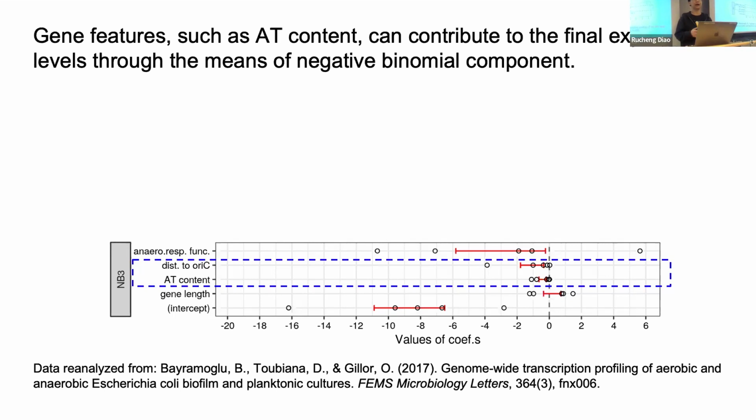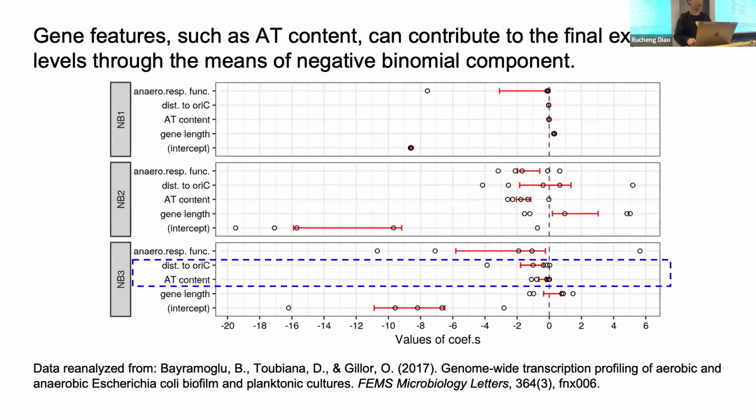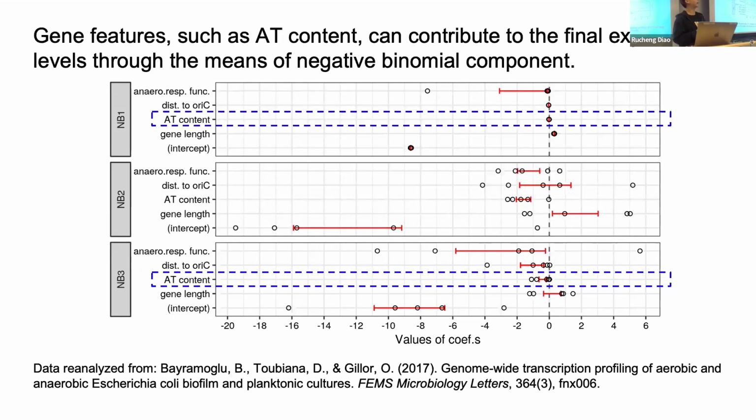So it varies again from data to data, but it is also worth noting that in other negative binomial components, we can see that the same gene features can affect the means in different ways. Is it because it's through a different pathway, a different mechanism, or is this a totally different subpopulation?